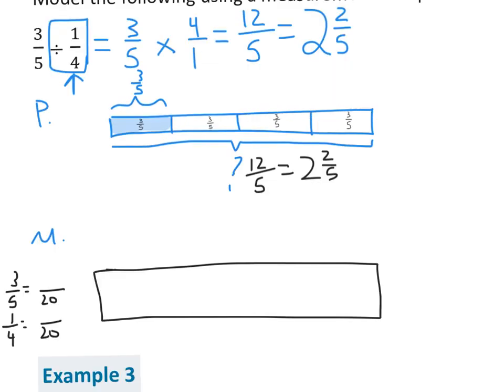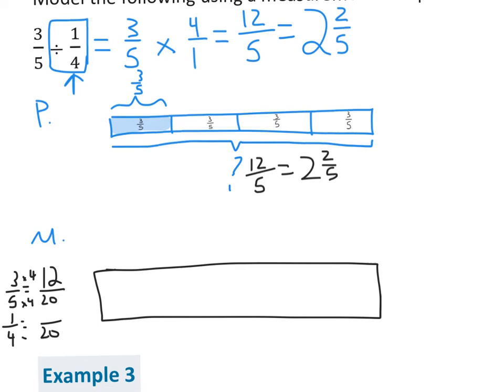So again, I recognize in this one that I cannot necessarily understand how big a fourth is compared to a fifth. And so if I make them like denominators, it becomes a lot easier. And the closest common denominator I can get for both of those is 20. 5 times 4 is 20. And therefore, my equivalent fractions, since this is times 4, are going to be 12/20.